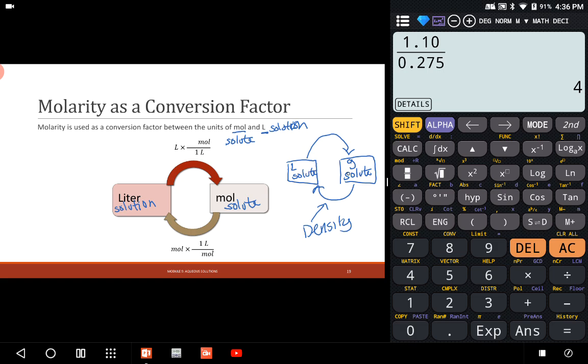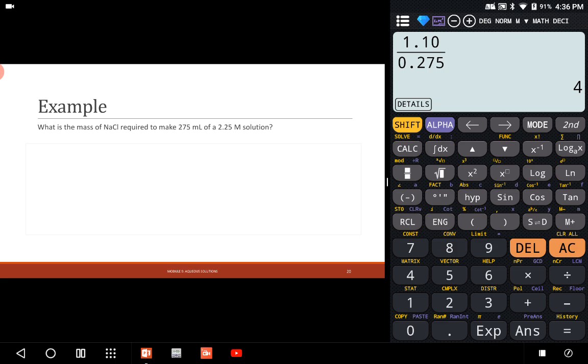For density you have to have the volume that corresponds to that mass for the same substance. So you could either have liters of solution and grams of the same solution, or grams of solute and liters of solute. But it has to match. Molarity is going from solution to solute, so it's not necessarily the same exact thing on both sides. And that's what makes it very useful.